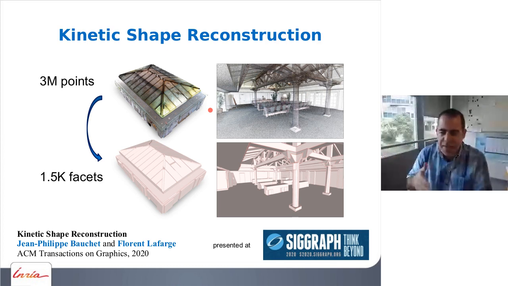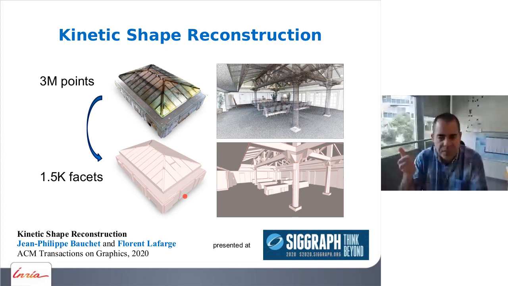At the end of the day, we generate a partitioning of space in 3D, followed by a graph cut optimization, and we obtain very good results, like only 1,500 facets for this mesh, probably watertight, with a low number of facets. This is going to be presented at the next SIGGRAPH, by the way, very soon.